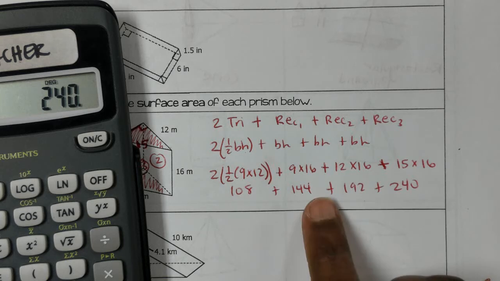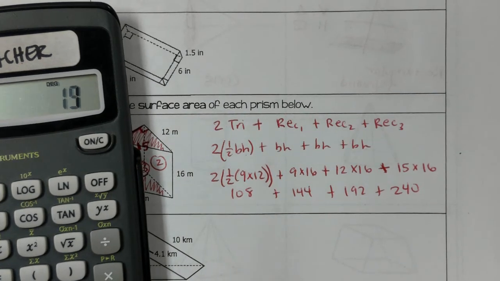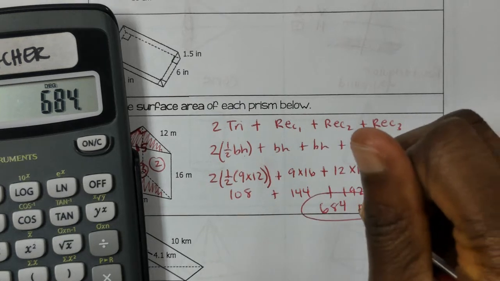Okay, so those were the dimensions of the rectangles, and then the two triangles together. So when I add all those together, I get that 684 meters squared is my area.